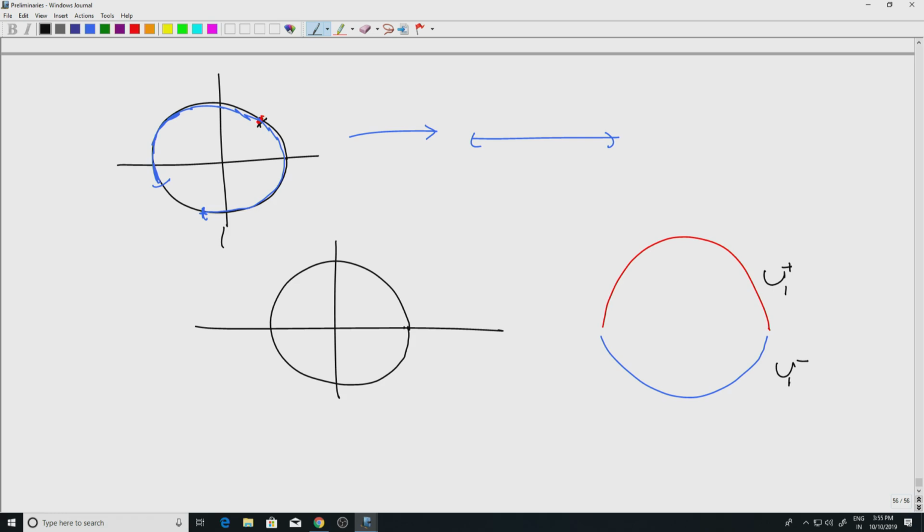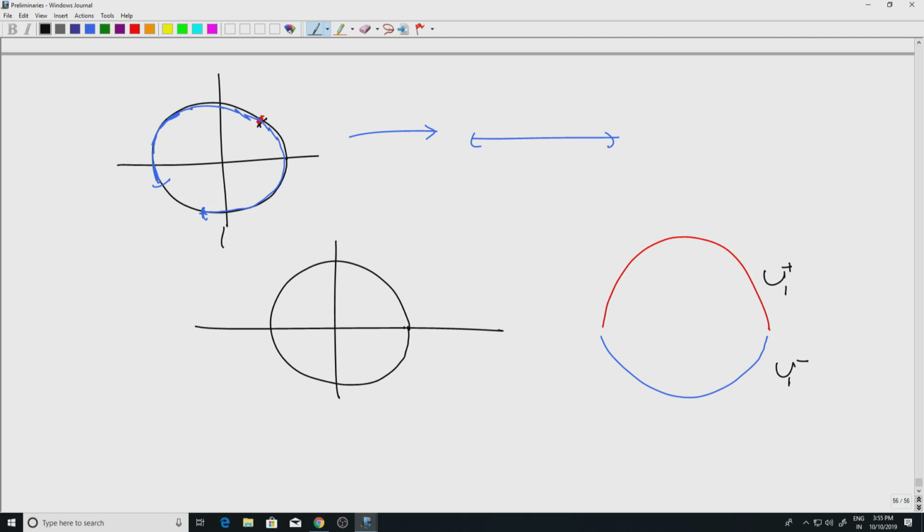Now, if I just take these two, the point is that they will not cover the whole circle. I need every point in the circle in M to be in one of these charts.